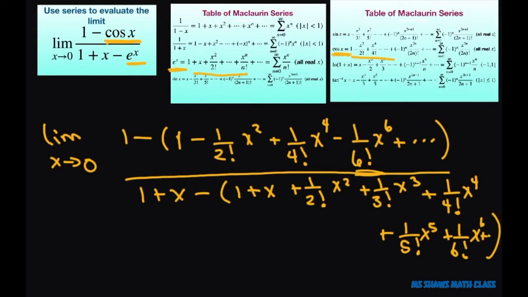All right, so simplifying this, let's look and see what we have. Basically what happens is you have 1 minus 1 here, so that's going to be 0. Plus this negative 1, we're going to have to change all these signs, so this is going to change to positive, negative, positive.